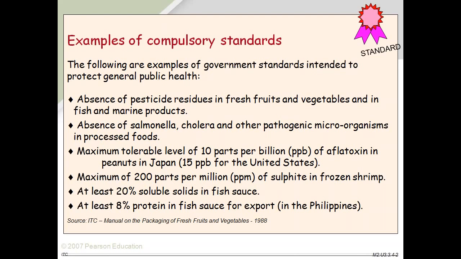It could also be with fish and marine products, what they take in goes into them. Absence of salmonella, you know very well, and other pathogenic microorganisms in processed foods. Maximum tolerable levels, since some people have peanut problems and other allergies. I think we really need to look at the food side. There are many standards available.